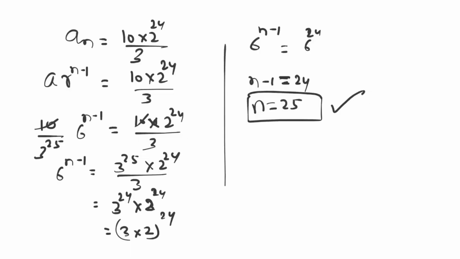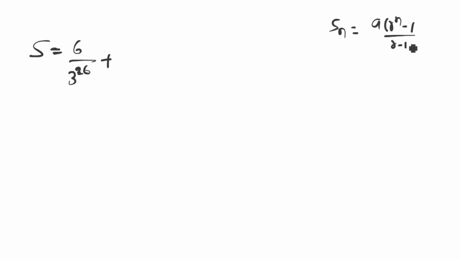Now we need to evaluate this sum. So this sum is equal to 6 by 3 to the power 26 as it is, and for the bracket part we will apply the S n formula for GP, that is a into r to the power n minus 1 divided by r minus 1. It is applied when r is greater than 1.